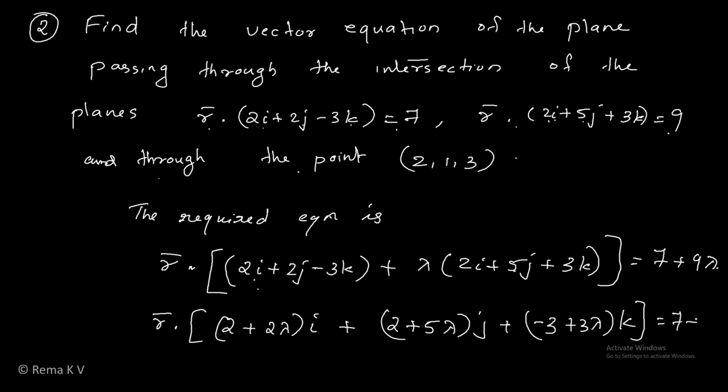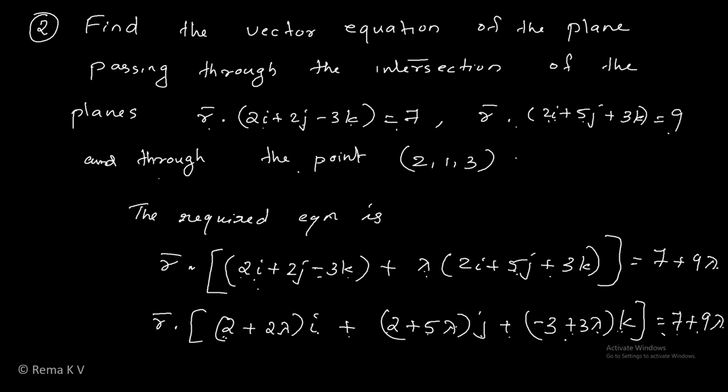This is equal to 7 plus 9 lambda. Grouping the terms here, 2 plus 2 lambda i, then plus 2 plus 5 lambda j, then minus 3 plus 3 lambda k. This is equal to 7 plus 9 lambda. Since we are taking the dot product with vector r, you can write this as 2 plus 2 lambda x plus 2 plus 5 lambda y plus minus 3 plus 3 lambda z.